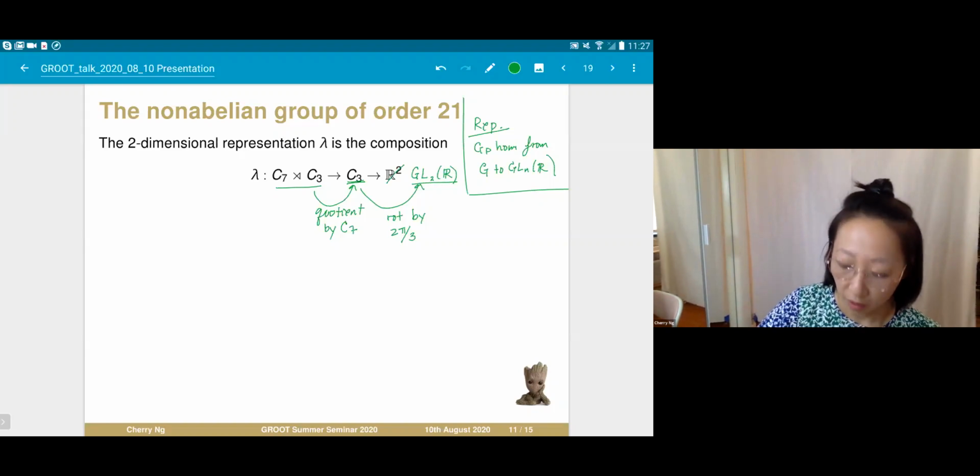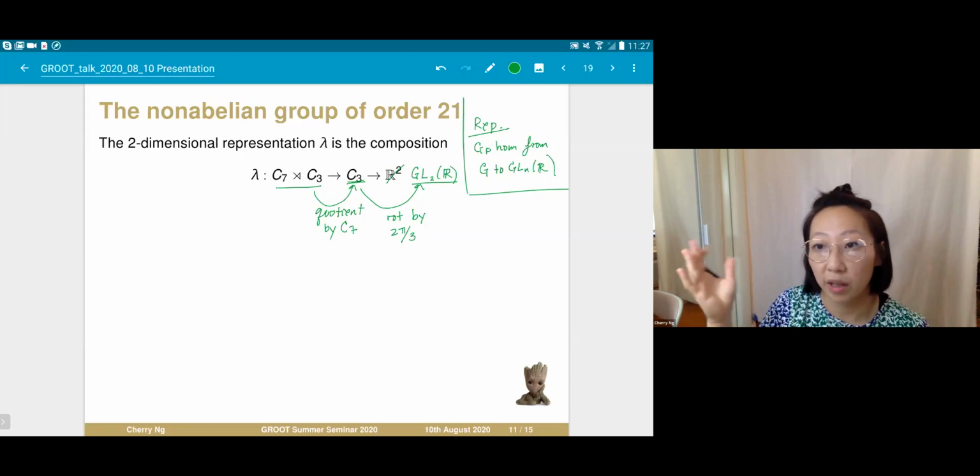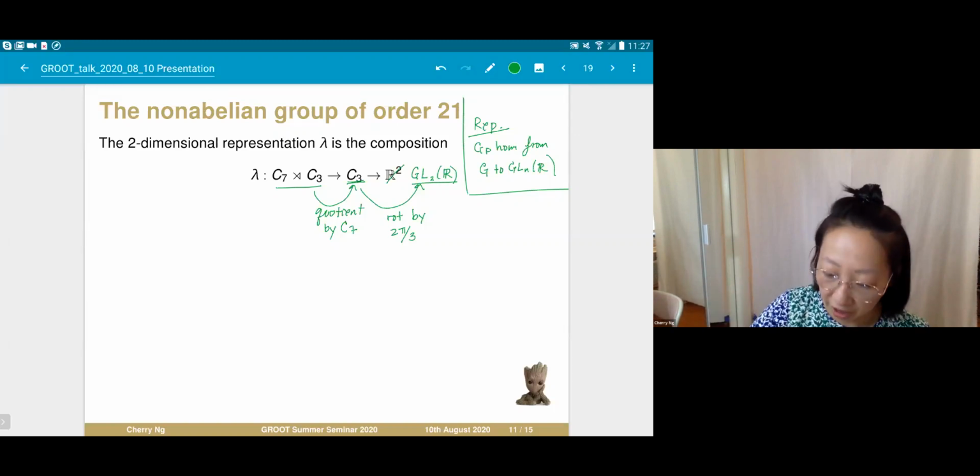That's the action. And so this representation is basically already covered in the known computations. This representation, that's rotation by 2 pi over 3, is already covered in the literature.